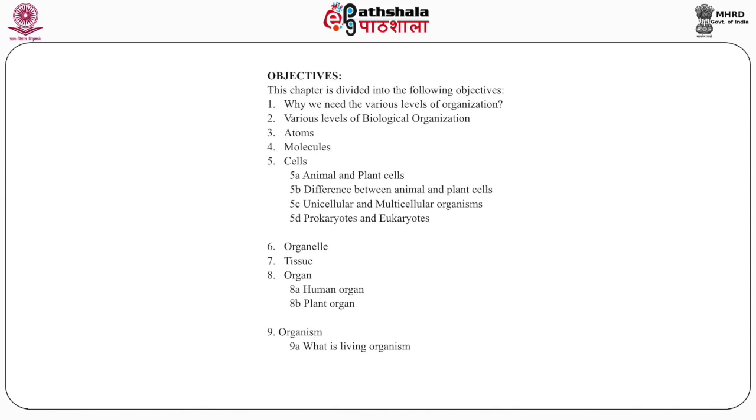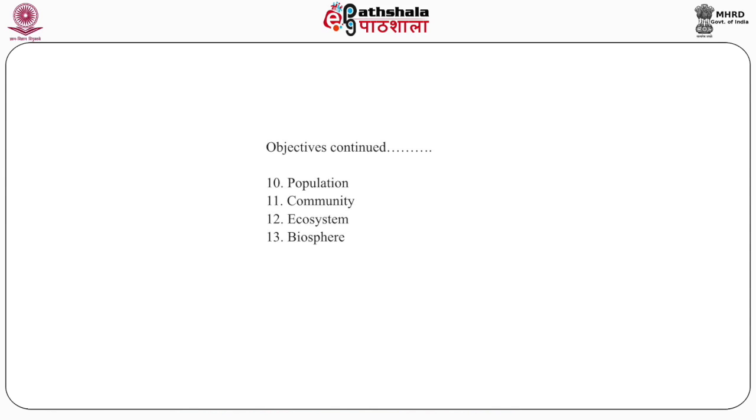The cells can be divided further into animal and plant cells, the difference between the animal and plant cells, also about unicellular and multicellular organisms, prokaryotes and eukaryotes, and then coming up to the next level, which is called the organelle, and then tissue, organs, and various human organs and plant organs, how different organs have different functions and their importance, talking about organisms and what is actually a living organism, and then we will discuss the population, community, ecosystem and biosphere.